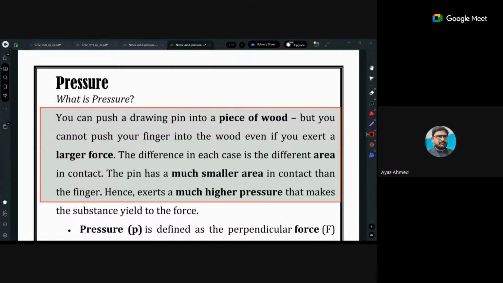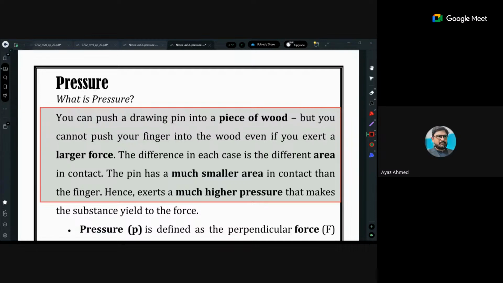That thumb pin is not damaging your hand or thumb, but it enters the wooden piece, because the force you are exerting on the thumb pin is the same as it is exerting on the wooden piece as well as on your thumb. But the problem is that the pressure is different.